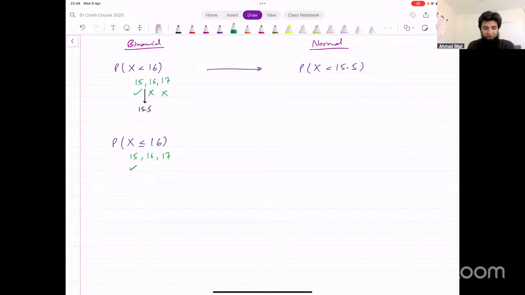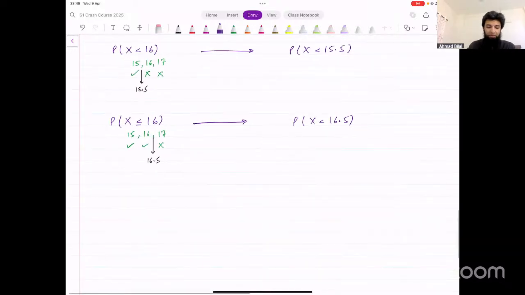Does 16 satisfy that condition? Yes, 16 also satisfies the condition. Does 17 satisfy the condition? 17 does not satisfy the condition. So 17 is not included. Between the tick and the cross, what number do you have in the middle here? 16.5. When you convert it to normal, this would be x less than 16.5 now. That's the probability that you would find in normal distribution.